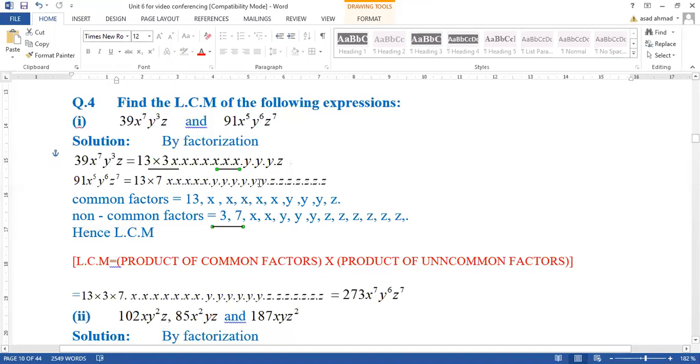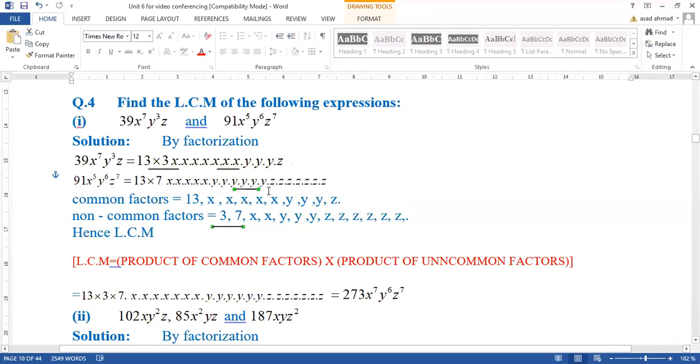Similarly, three y's will also be taken as not common, because three were common and the rest of three will not be common.